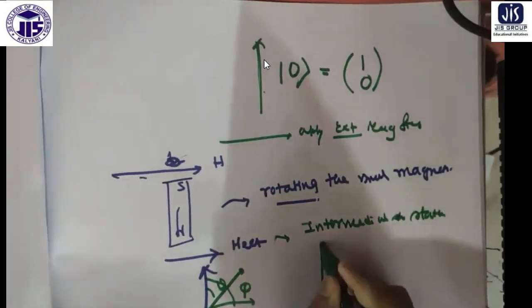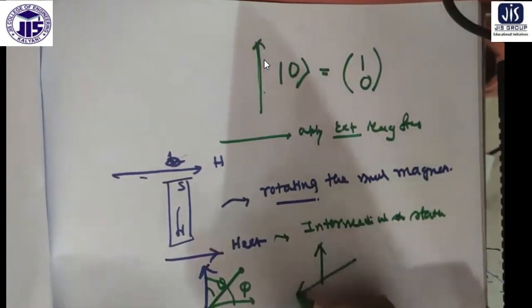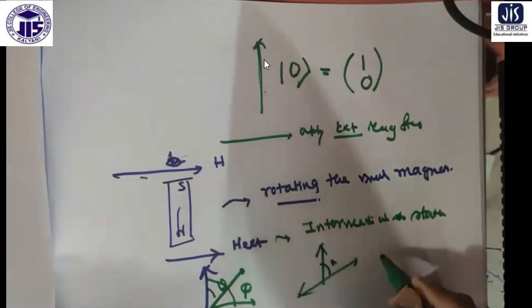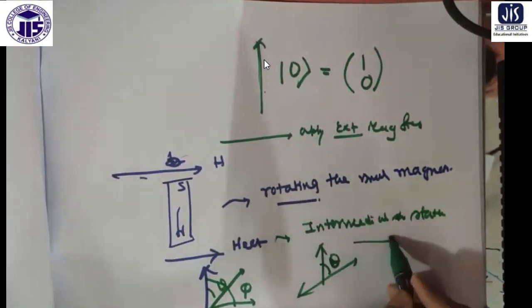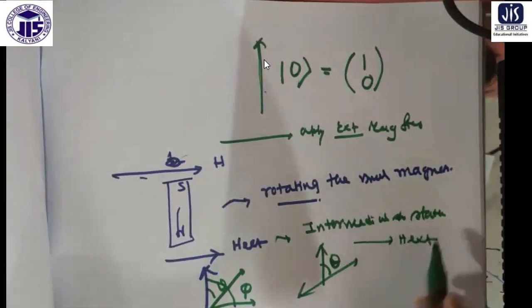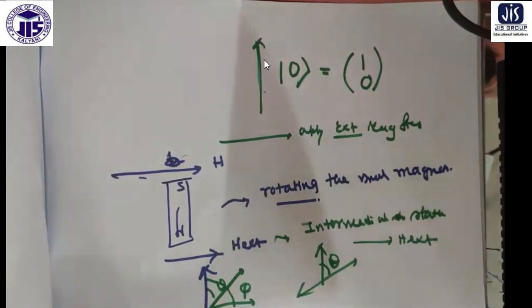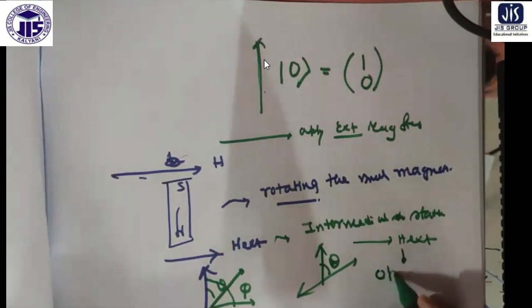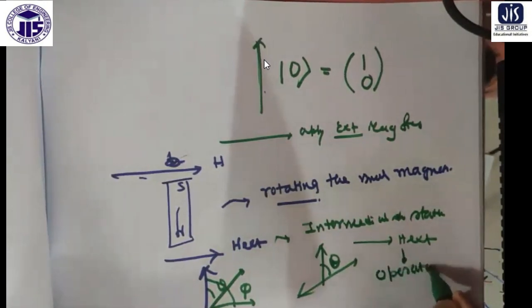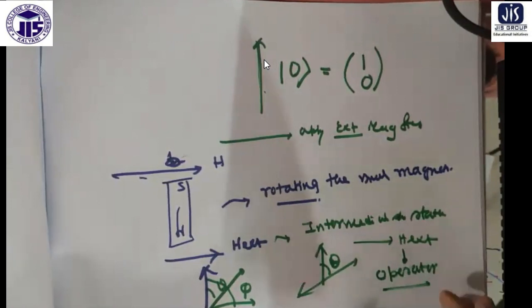So from here, any rotation by angle theta, how do I do the rotation? By external magnetic field. That is the message. Therefore, the external magnetic field is playing the role of an operator. It is acting on the function psi and theta, or whatever it may be, and trying to rotate it.